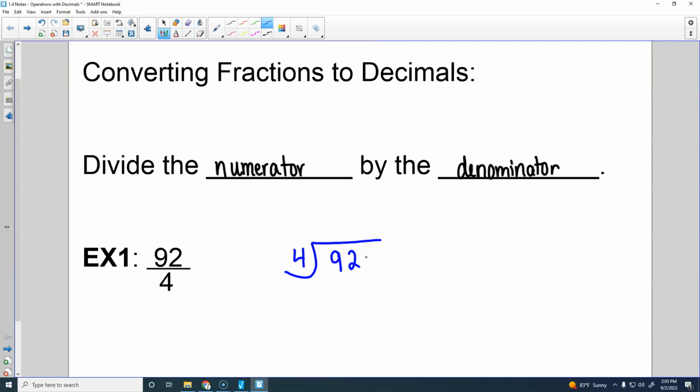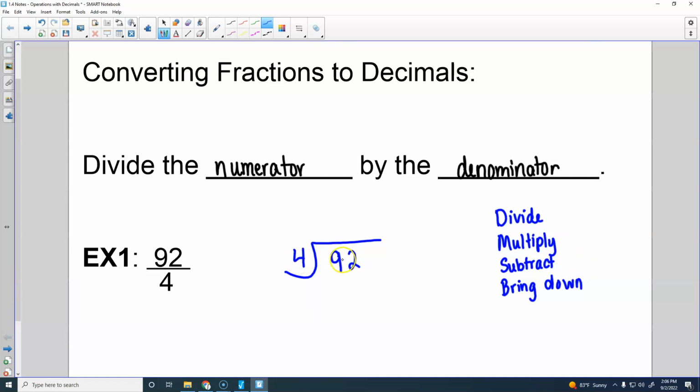And long division, we divide, multiply, subtract, bring down. Right, that's our process for long division.